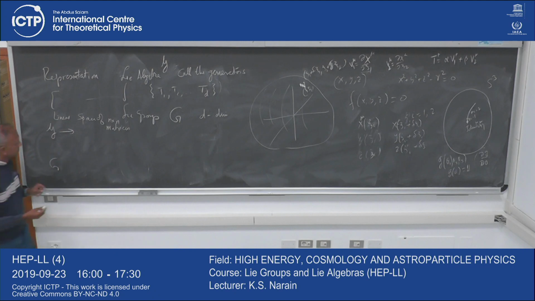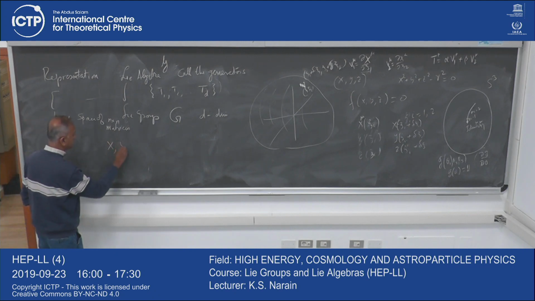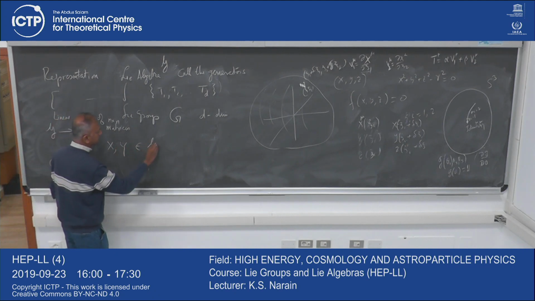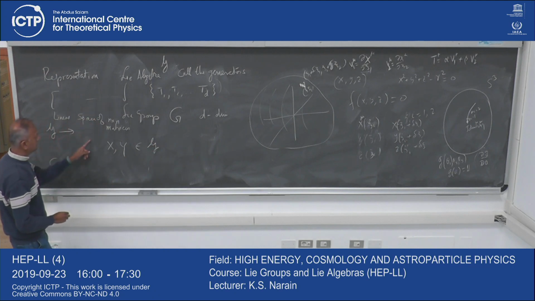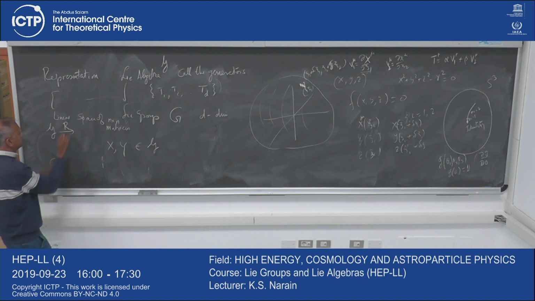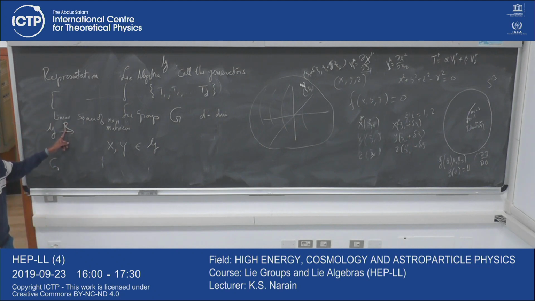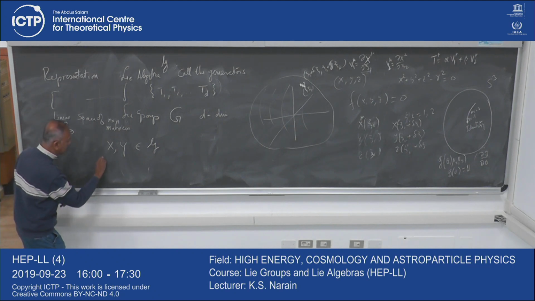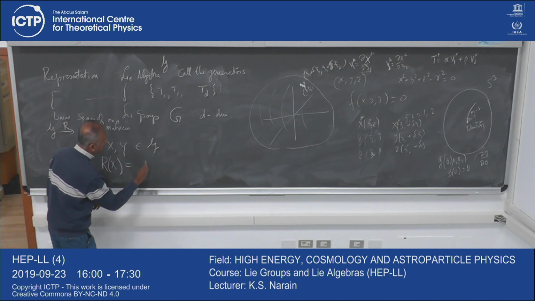What does linear mean? Suppose X and Y belong to the Lie algebra G, and let's suppose I write this map as R. R is just a symbol, a map. R acting on X is some n by n matrix.